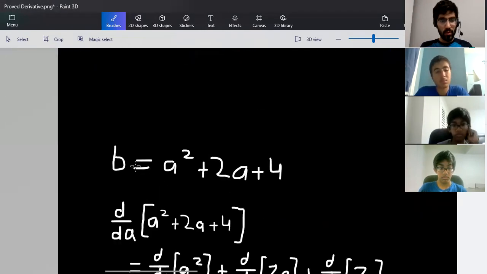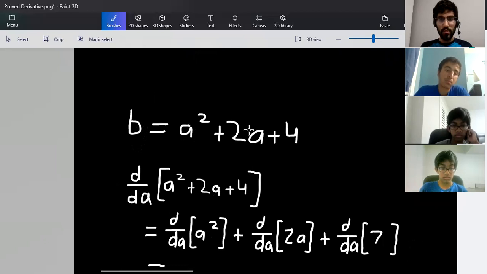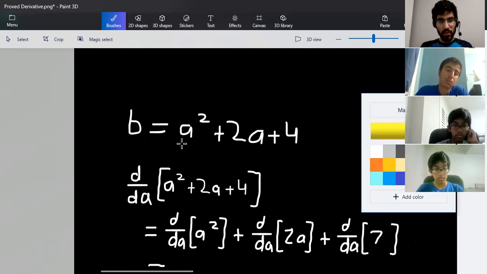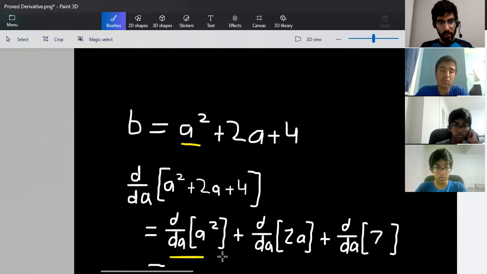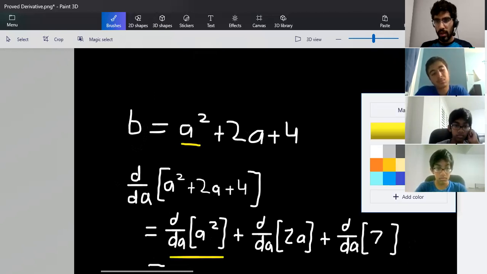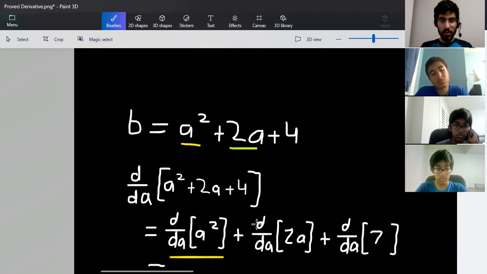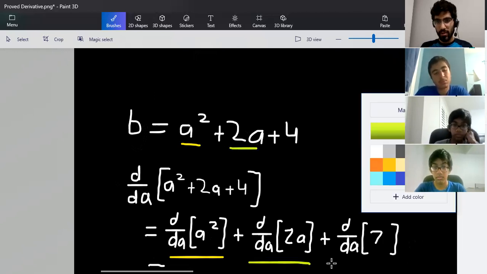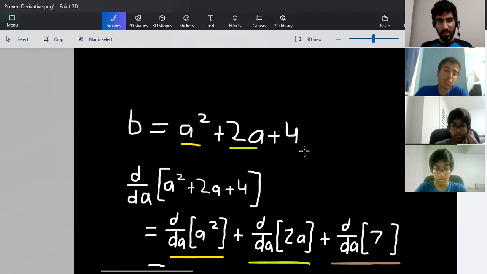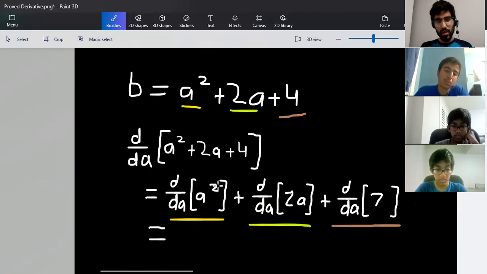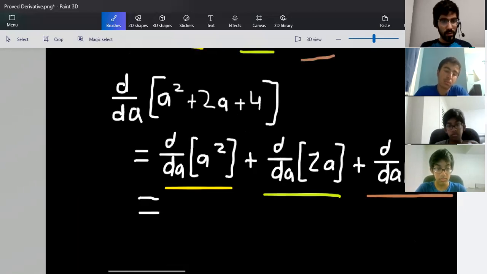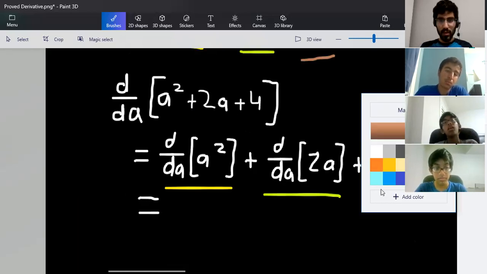So if we want to take the derivative of the whole thing, that is equal to the derivative of the first term over here, the next one over here, and this one over here. And after we get the derivative of each, we can add it together at the end. Make sense? Maurice, can you walk me through it? What do we get?